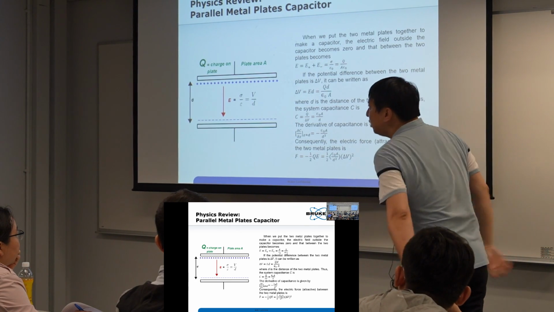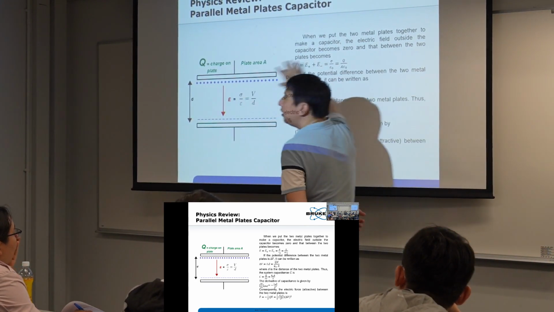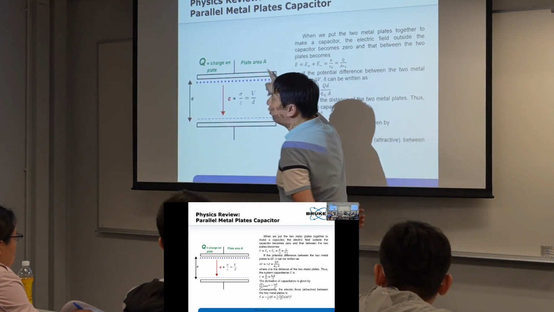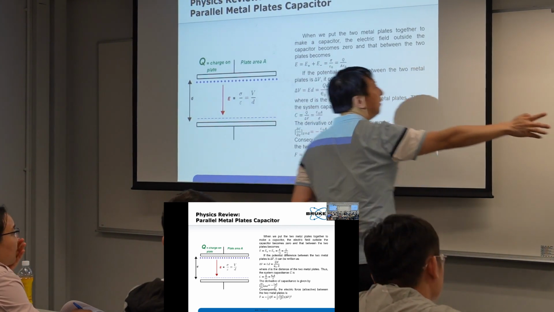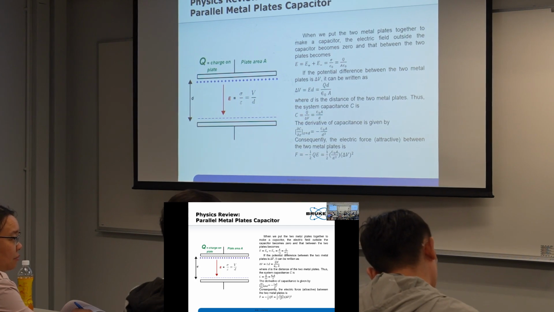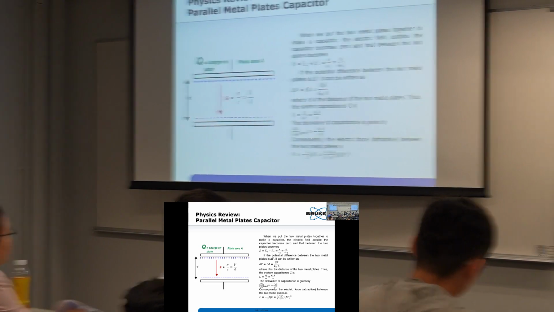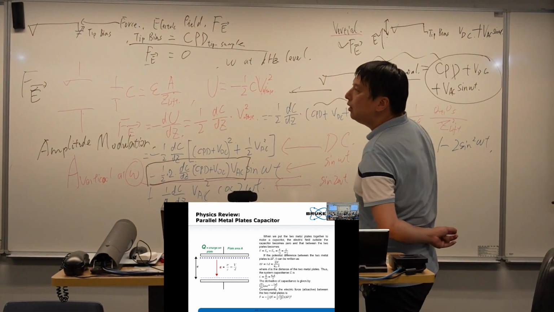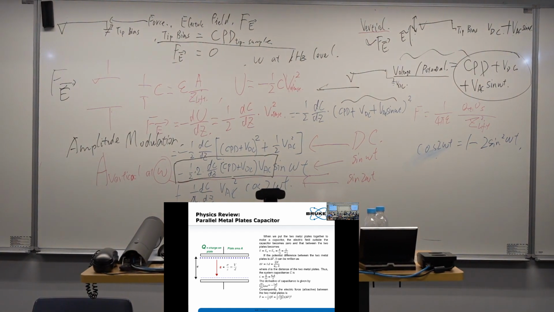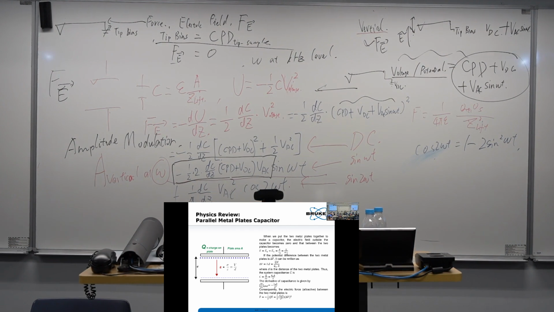But if we do it directly, we will find that this electric field force is too sensitive. So we modulate this force at a kilohertz level, and then we study the vertical value at a kilohertz level. And if the VDC equals the CPD, the amplitude will be 0.